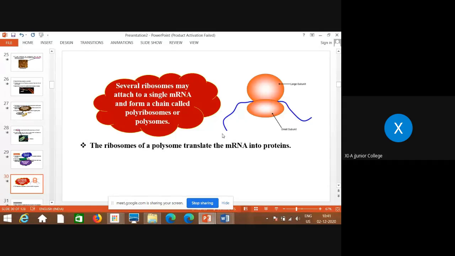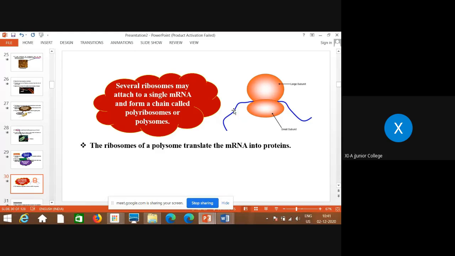Several ribosomes may attach to a single mRNA and form a chain called polyribosomes or polysomes. You might not have learned this terminology previously, so remember that poly means many, so many ribosomes. Polyribosomes are also called polysomes.